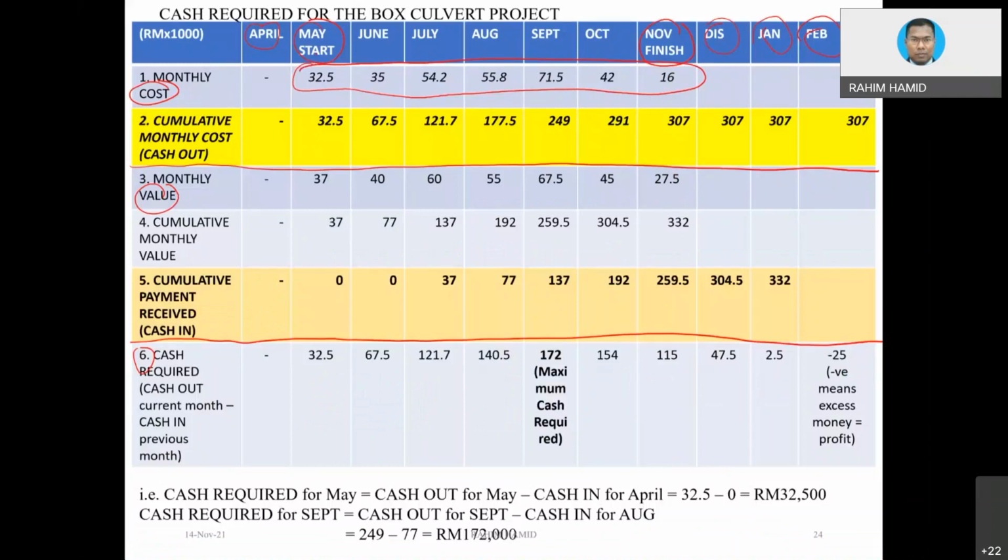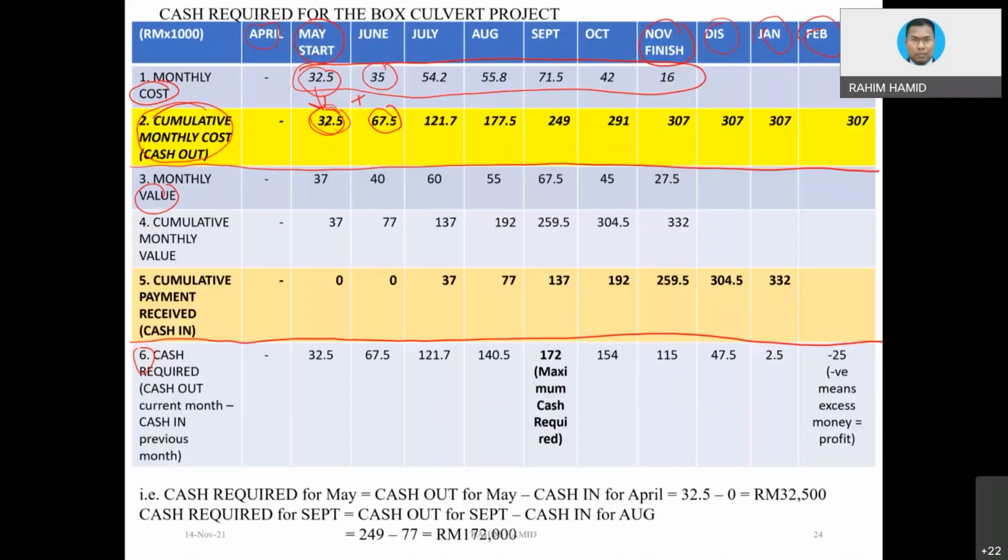Okay, then what I need to do is make it cumulative. You see, for cumulative, I put at the end of the line here 32.5 first. Then how do I get 67.5? I basically add the first month cost to the second month cost, 32.5 plus 35, which is equivalent to 67.5.